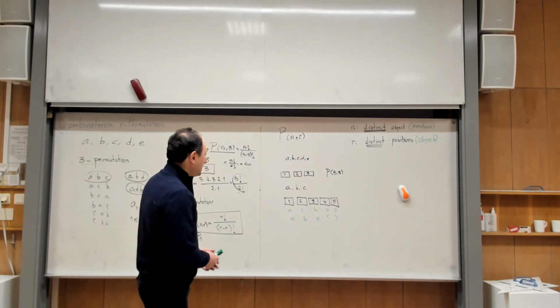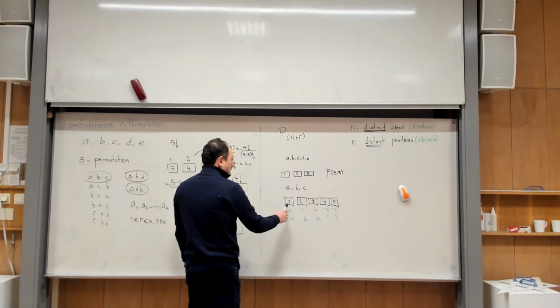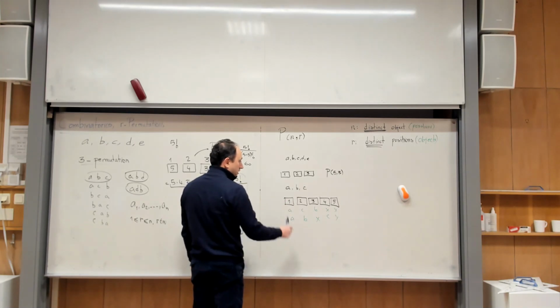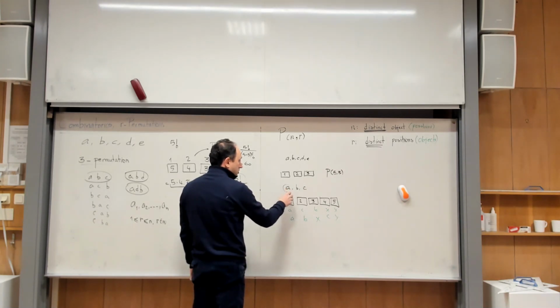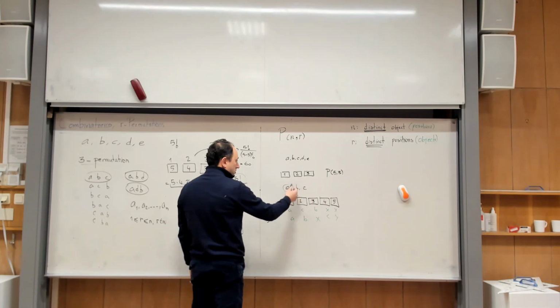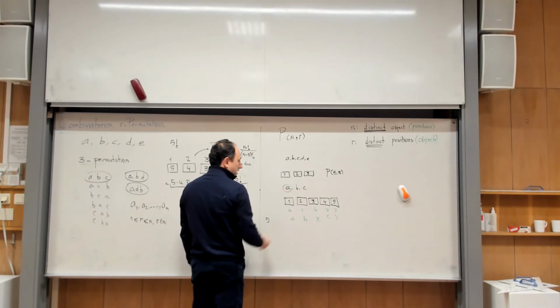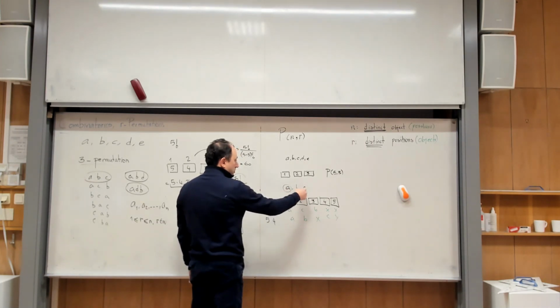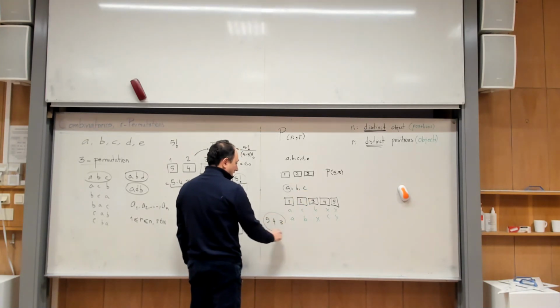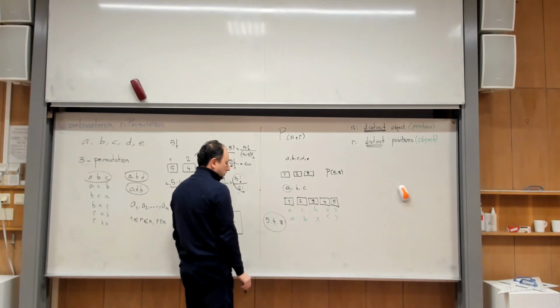If you don't like it, you can say that I want to assign a position to letter A. How many options are available? 5. I want to assign a position for B. How many are left for me? 4. I want to assign a position for C. How many are left for me? 3. So you see that I get the product 5, 4, 3.